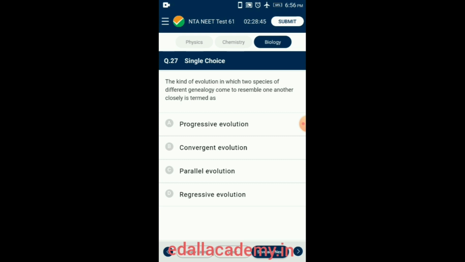Two kinds of evolution in which two species of different genealogy, that means a line of descendant traced continuously from an ancestor, come to resemble one another closely is termed as convergent evolution. Evolution of wings in insects and birds serve as example of convergent evolution. So the answer for this question is option B, convergent evolution.